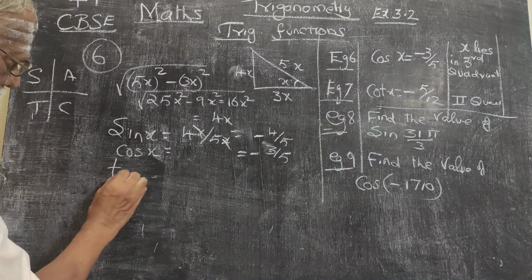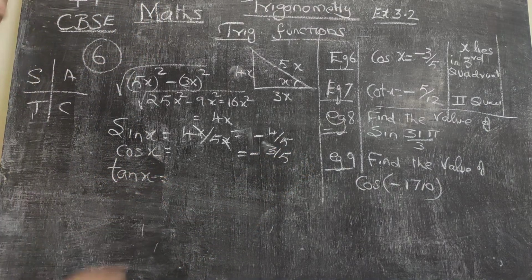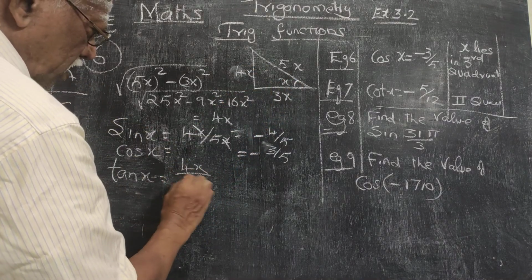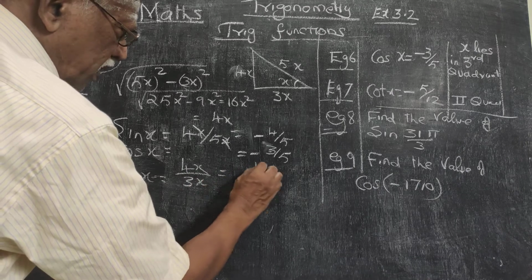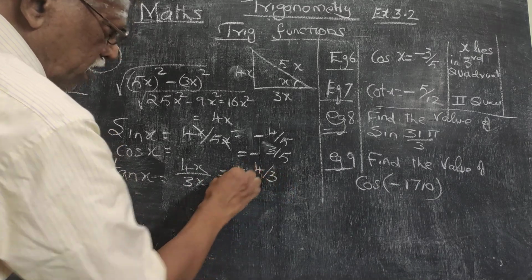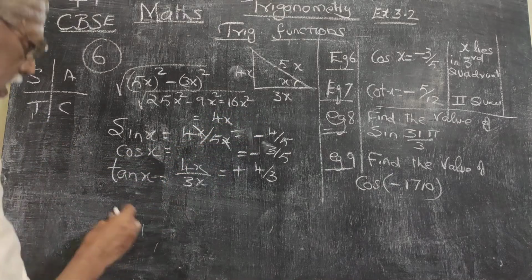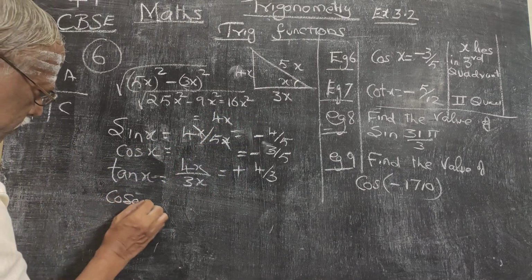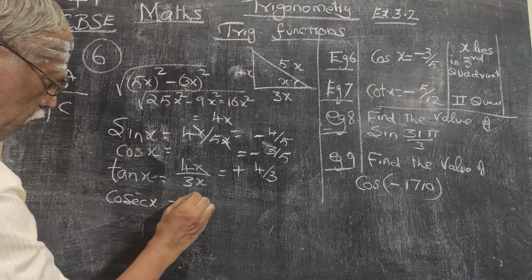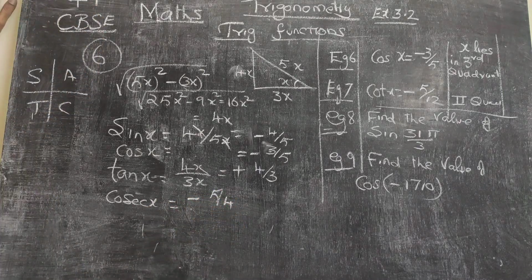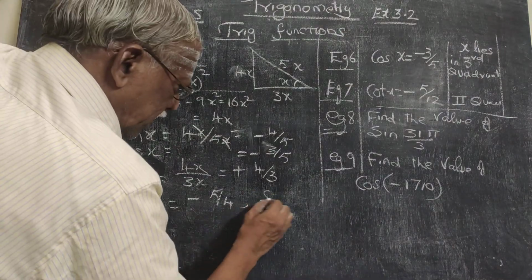Then what is tan x? Opposite side by adjacent, so 4x divided by 3x, that is 4 by 3. It lies in the third quadrant, therefore it is positive. If sin x equals this, then cosecant x is the reciprocal, therefore minus 5 by 4. What is secant x?